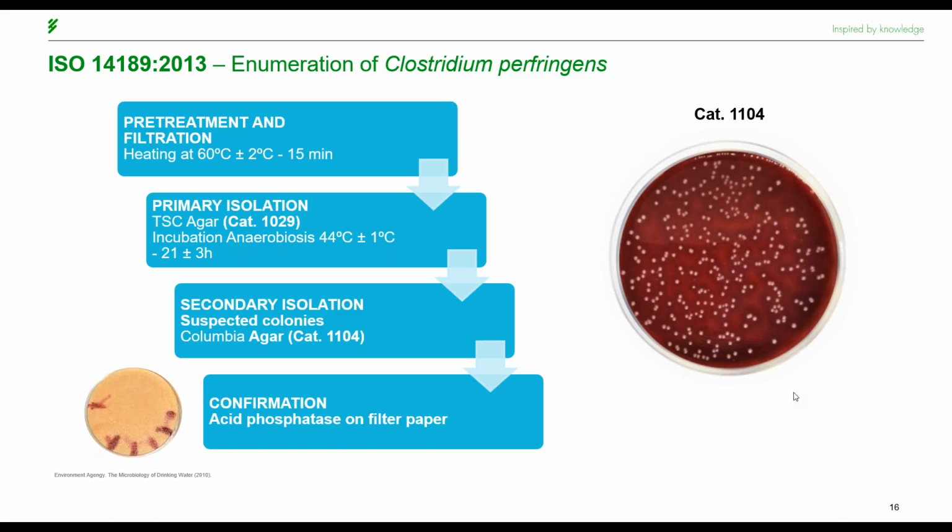The acid phosphatase test is performed on the colonies obtained from this subculture, and if a violet color develops in the first 2 minutes, as we can observe in this small image on the left, then it would be considered a positive reaction for the presence of acid phosphatase, and therefore considered as Clostridium perfringens.